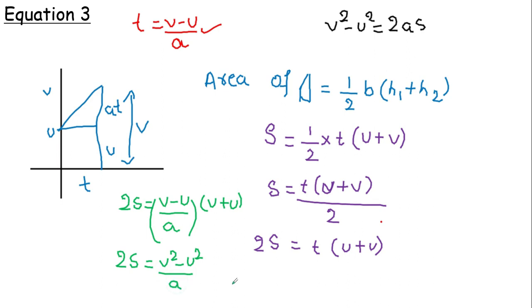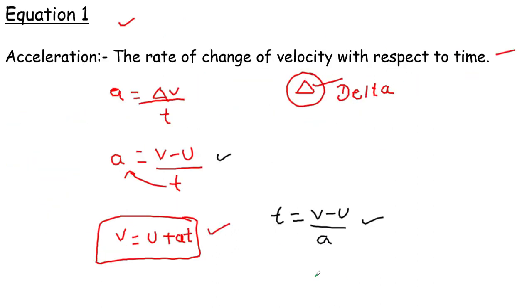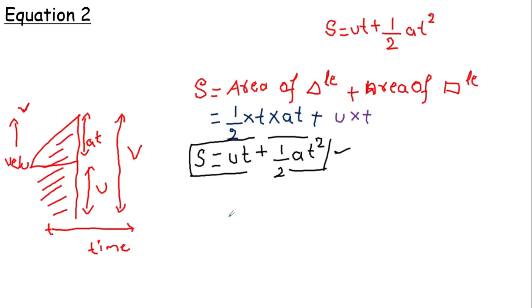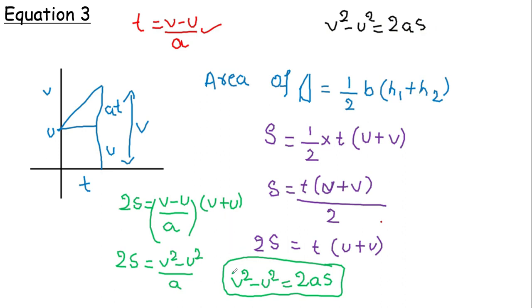Finally we get v square minus u square is equals to 2as. This equation is also finally derived. These are the three equations which we have derived. First one is v is equals to u plus at, second one s is equals to ut plus half at square, and this third one is v square minus u square is equals to 2as.